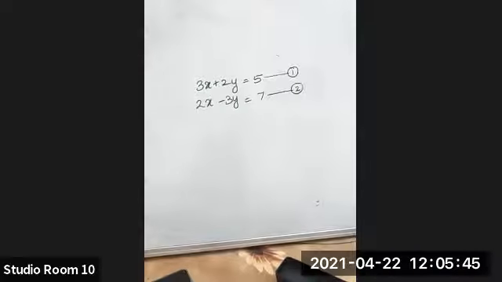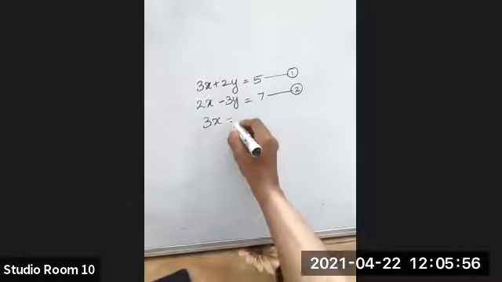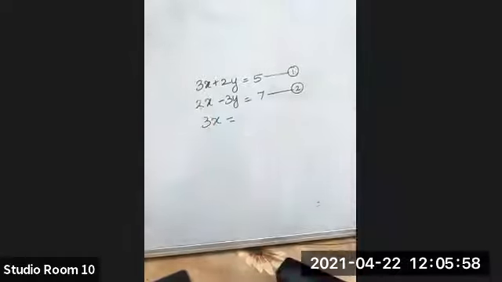So from the first equation, we can find x in terms of y. I'm keeping 3x on one side. You take the remaining terms to the other side.